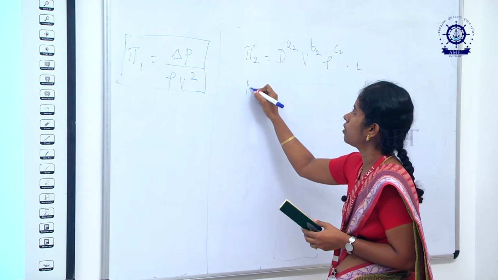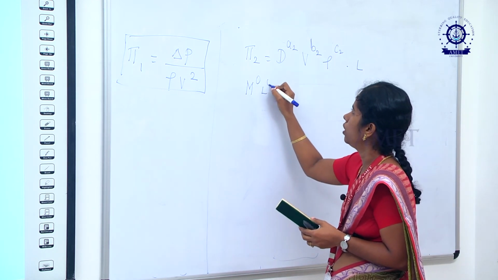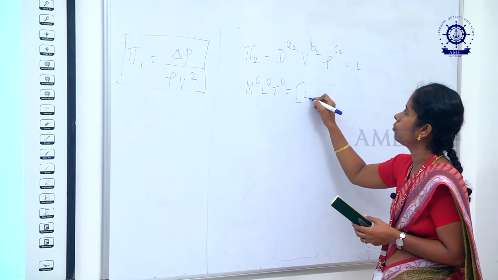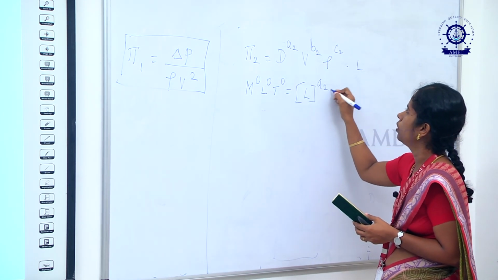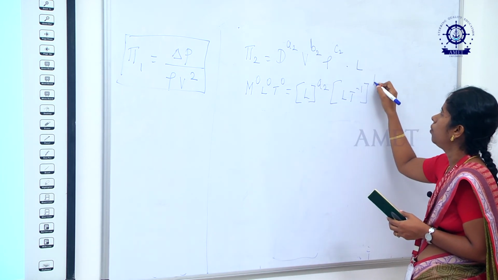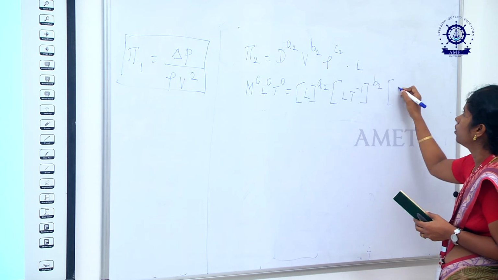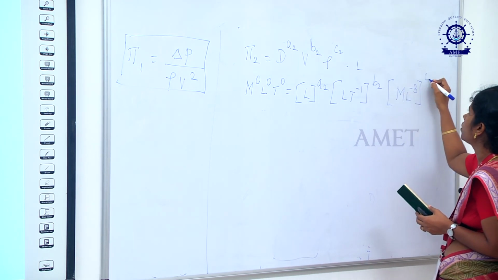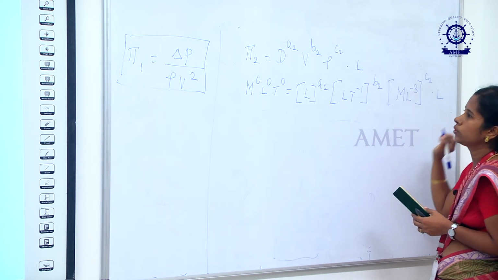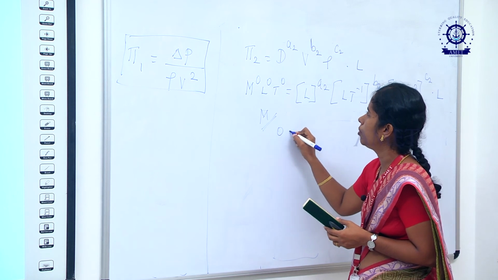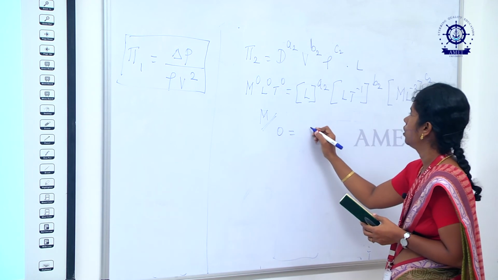So you write the same way: M0, L0, T0 will be equal to diameter, it is the same, L power A2. The velocity will be LT power minus 1 power B2. Density is going to have ML power minus 3 into C2, into L. Again you equate the powers of M on both sides, it will be 0 equal to C2.